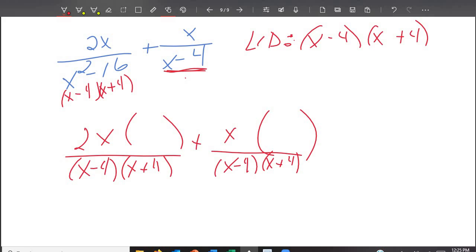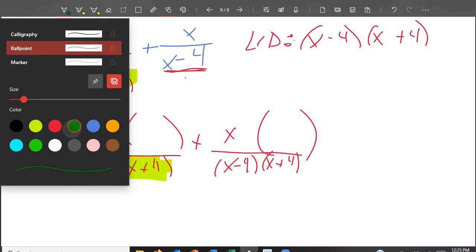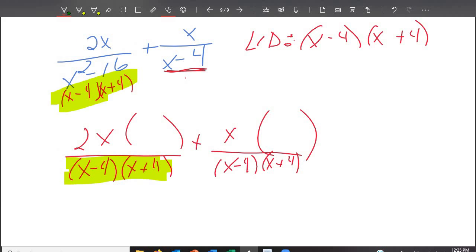Now let's figure out what we got to multiply the top by. I'm going to highlight. This was the original. I don't see anything extra in the bottom. So really we're just multiplying by 1. Over here, x minus 4 was the original.